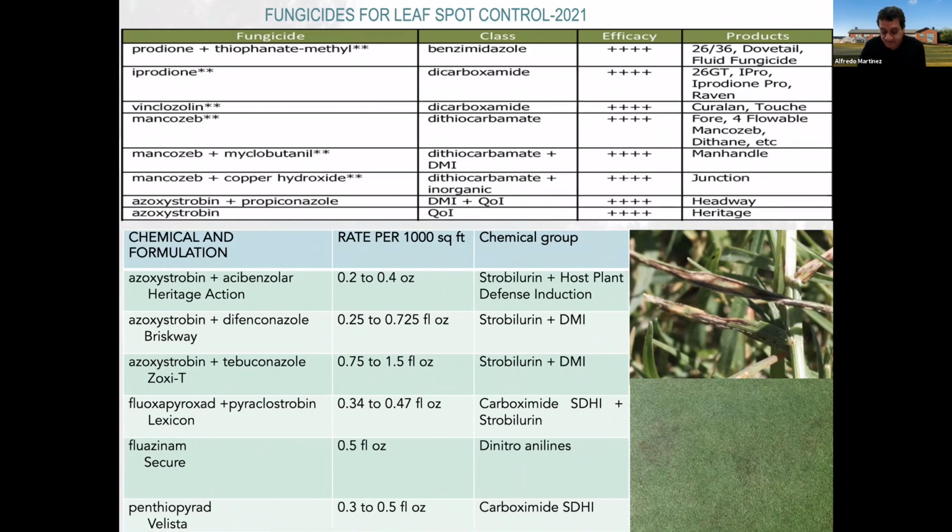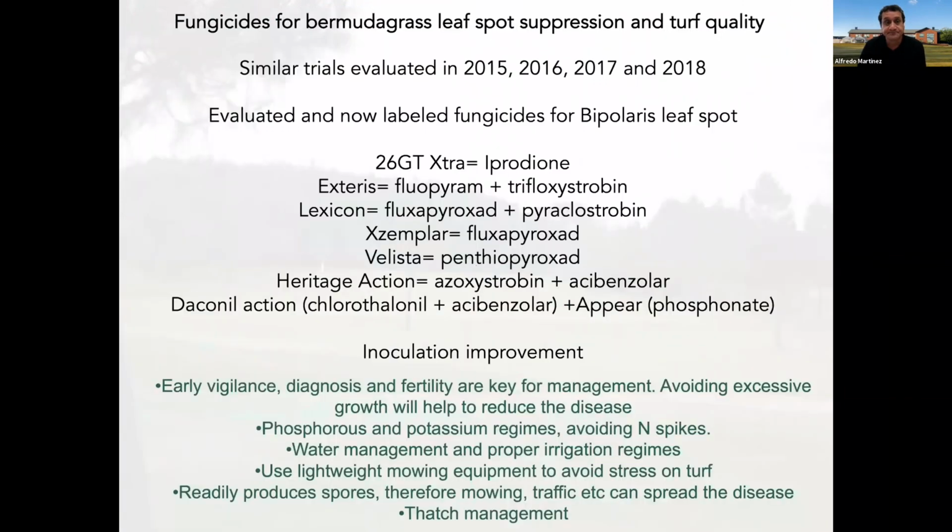So there are several ways to do that. We did several trials. We've been working with it for a long time. We have new products like 26GT, Exteris, Lexicon, Exemplar, Velista, and so on. I put this list, and maybe some are only for golf courses, but you should see several. If you look at our pest recommendation handbook, you have a lot of products. But again, anything that has strobin will be very efficacious.